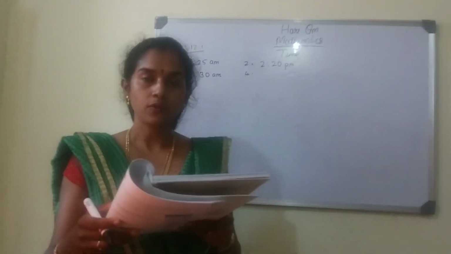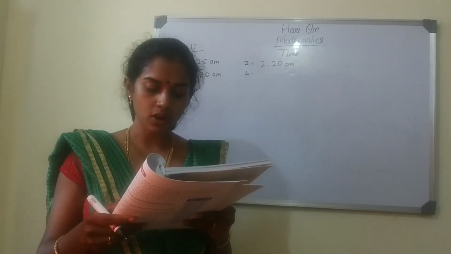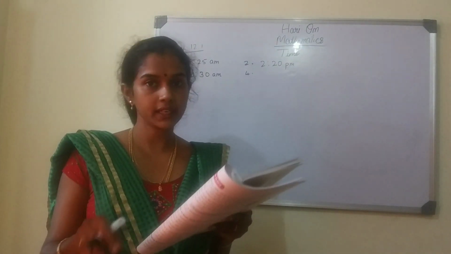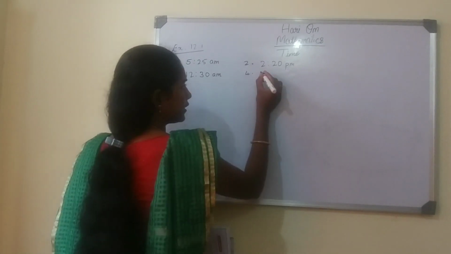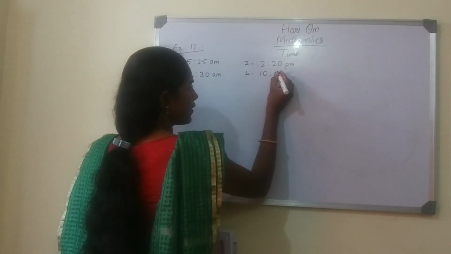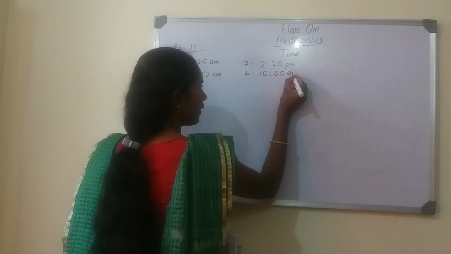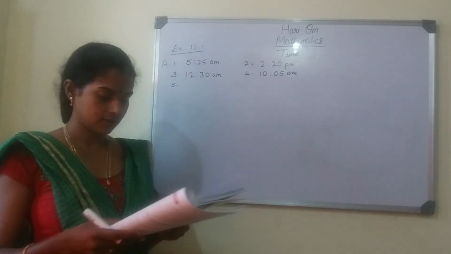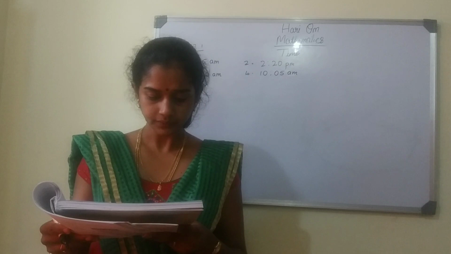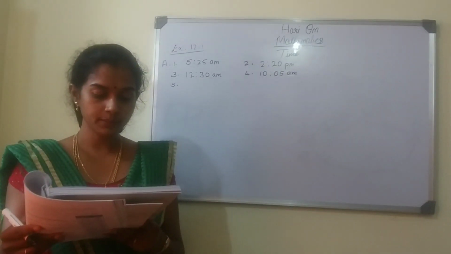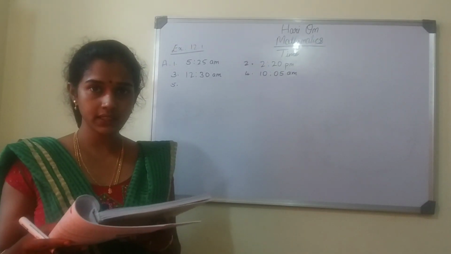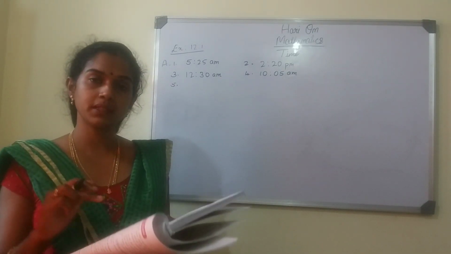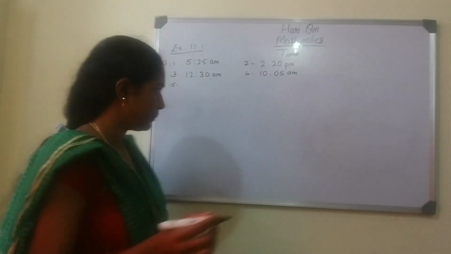Fourth one, 10 o'clock 5 minutes in the morning. Morning is AM. So 10 o'clock 5 minutes is AM. Fifth one, 6 o'clock 15 minutes in the evening. Evening, that is afternoon, is PM. So 6 o'clock 15 minutes in the evening is PM.